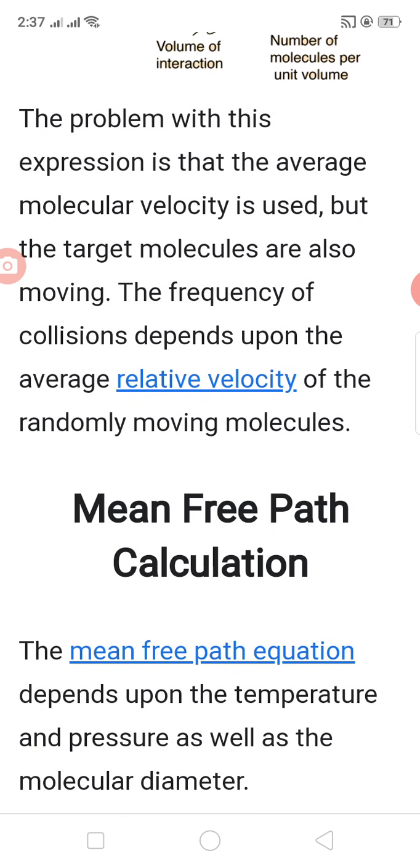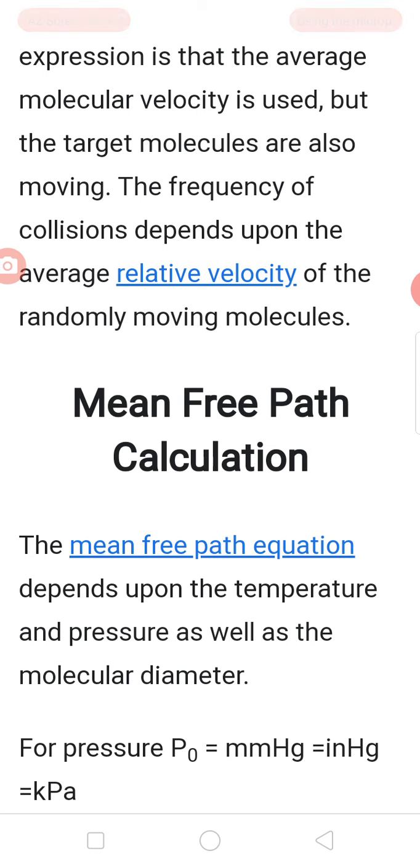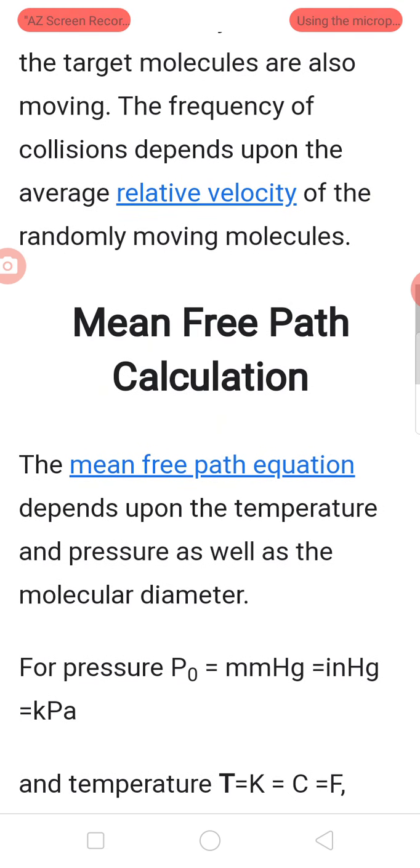Mean free path calculations. The mean free path equation depends upon the temperature, pressure, as well as the molecular diameter. Pressure P naught is in millimeter mercury and is expressed in kilopascal.